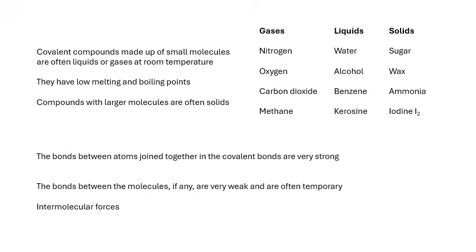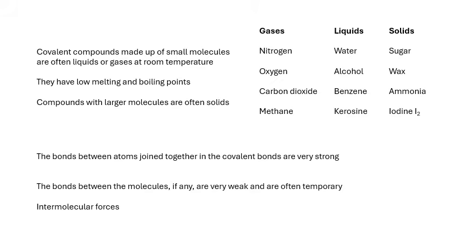If we look at the gases, nitrogen, oxygen, carbon dioxide, methane, then we've got some liquids which are covalent compounds, and then going on to the bigger molecules, we're getting onto sugar, wax, ammonia, and then there are some like polymers and plastics held together with covalent bonds as well. They tend to have low melting and boiling points.